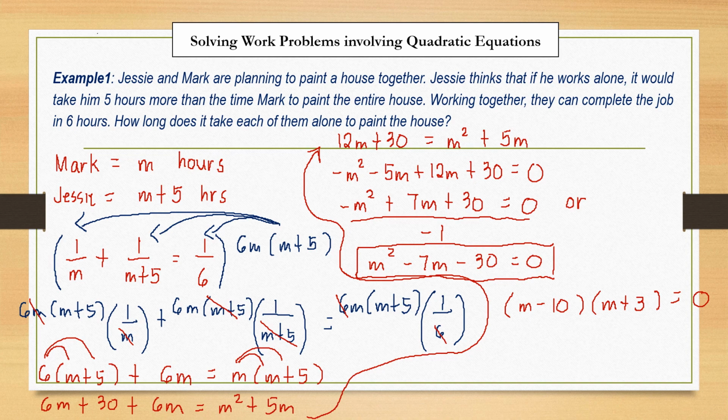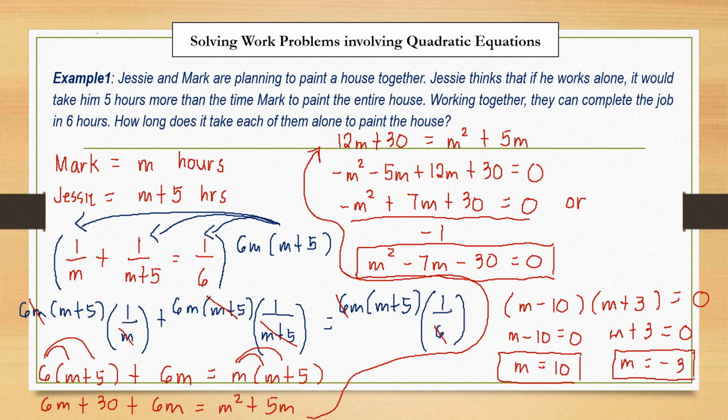Apply zero product property. We have m minus 10 is equal to 0, and m plus 3 is equal to 0. So for m, we have m sub 1 is 10, and then m sub 2 is negative 3.